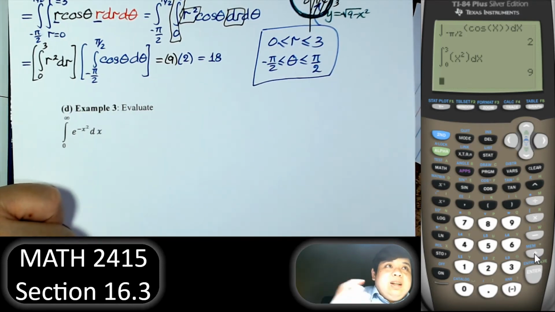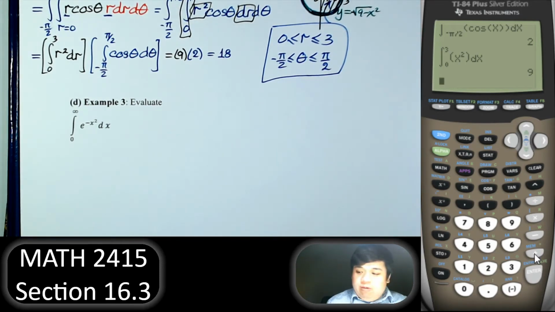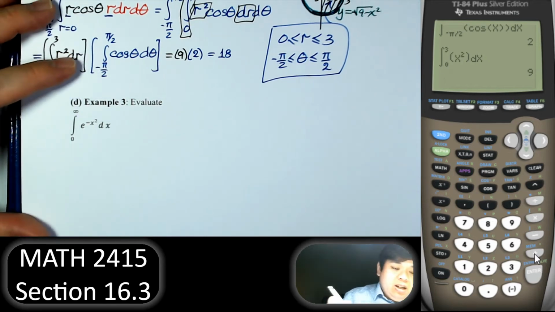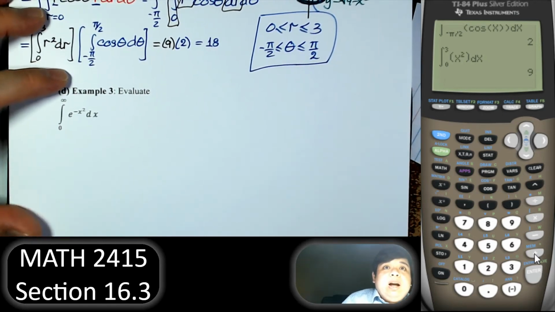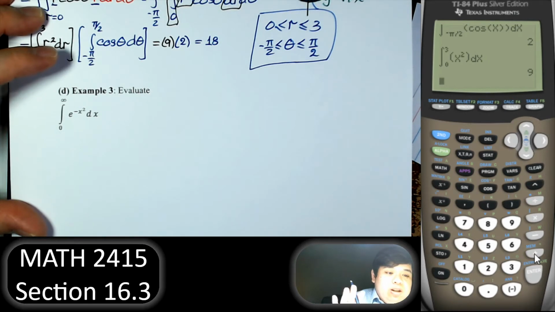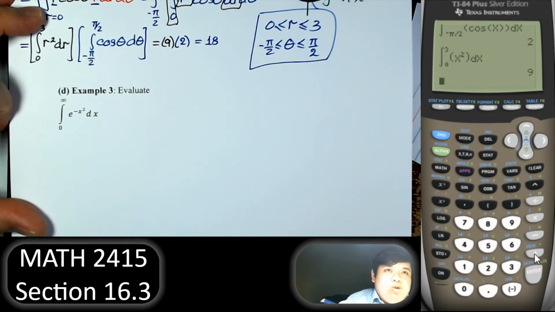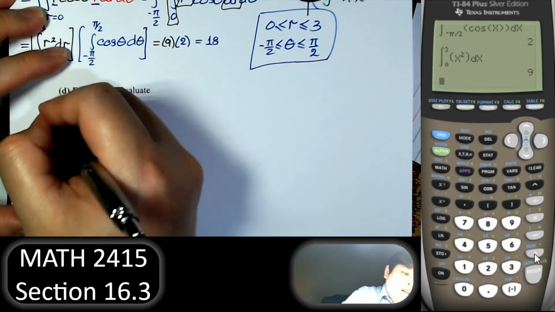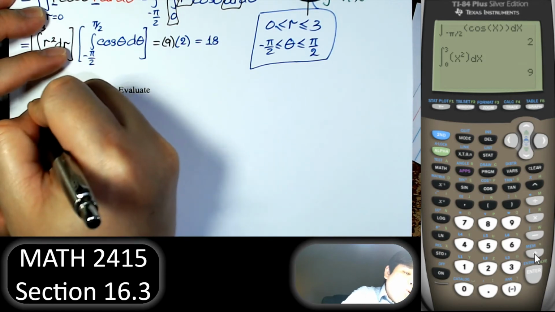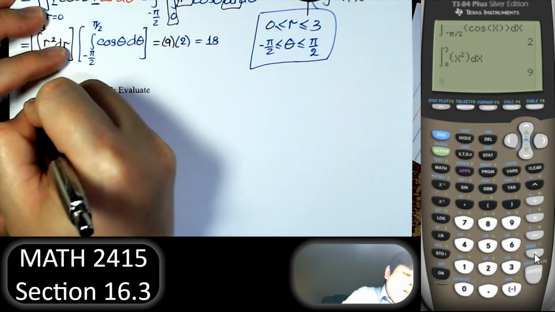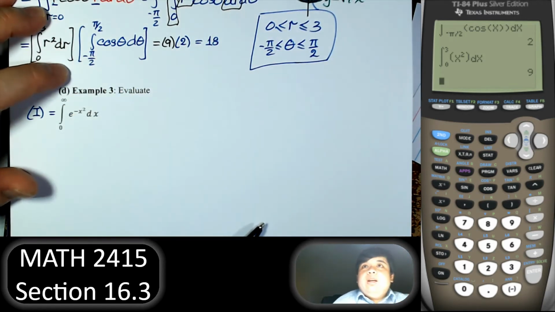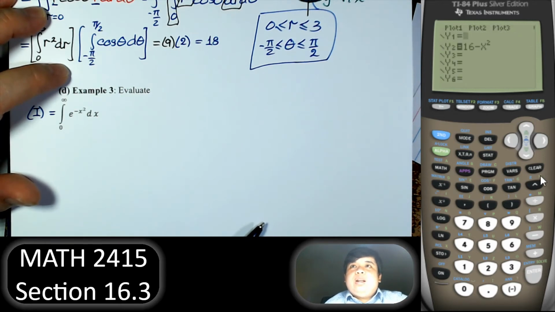Actually, I said the solution is very interesting, so that's why I put this here. If you go to a higher level of vector calculus or multivariable calculus, you will definitely see this example again. Or if you go to statistics, you see this again. Why does that have to do with statistics? Let's just graph this function and see what happens.